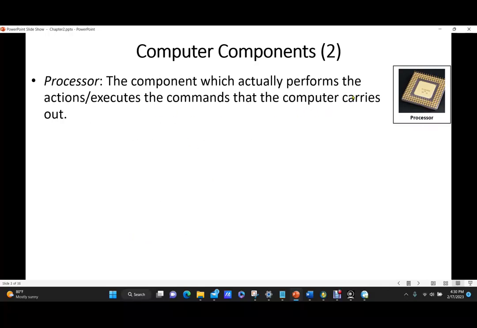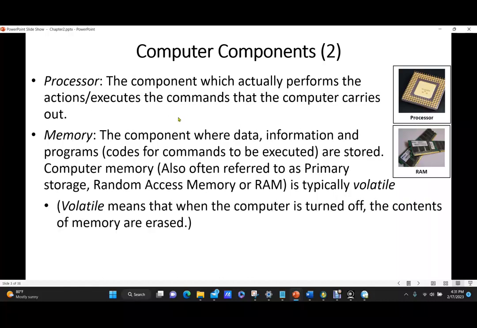The processor is the component that actually performs the actions, that executes the commands that the computer does to do what we want the computer to do. Memory is the computer component where data, information, and programs are stored for immediate use.